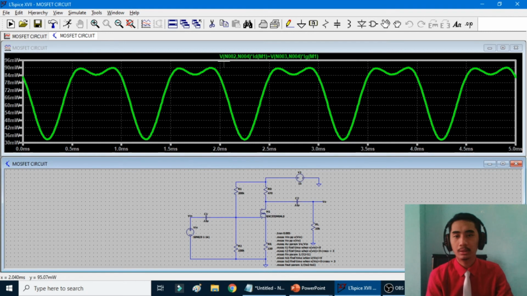It is V quantity N002, comma, N004 multiplied to ID quantity M1 plus V quantity N003, comma, N004 multiplied to IG quantity M1. And this is our waveform for the power measurement. So it's very clear now how we got those parameters as shown before.